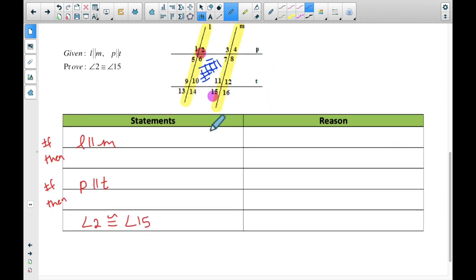Okay, I'm going to utilize that pattern I was just talking about. If then, we can have our given statements and then we're going to end with this. And the pattern is usually going to end in transitive property, so that's probably what's going to go down here, but it might not.